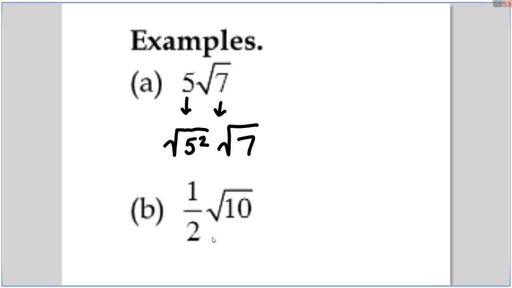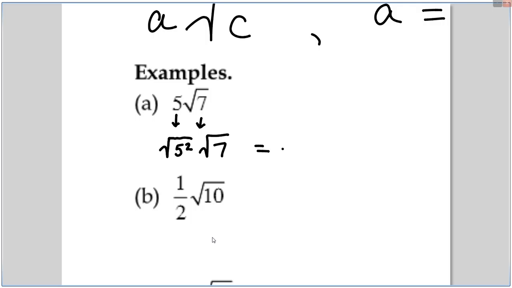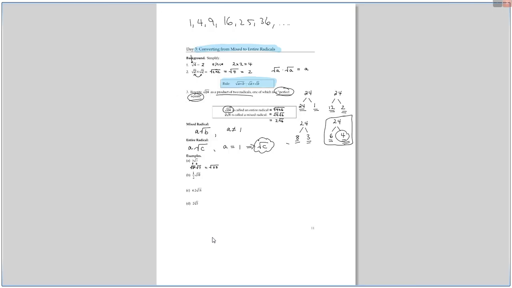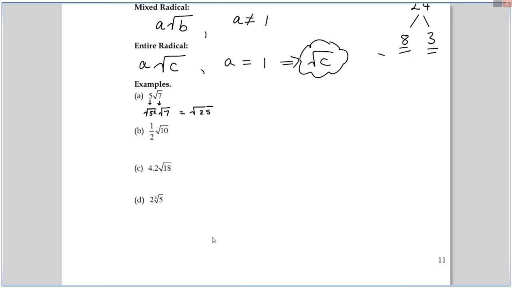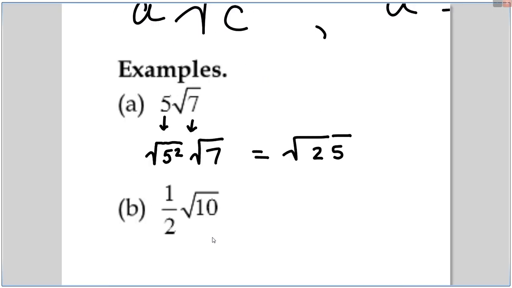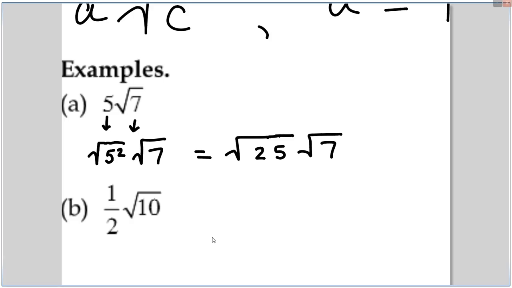Now simplify 5 squared. What is 5 squared? 25. Sorry, my screen's a little bit messed up. I just got to fix it. All right, 25. And the square root 7 I still haven't done anything with. Do you remember what we do from the rule above when they're split?